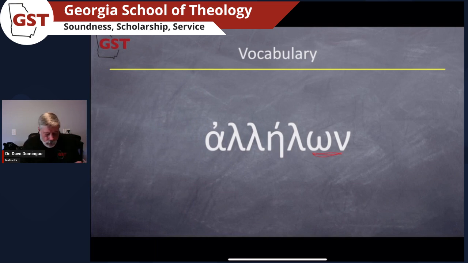Allelon, there's our. Matter of fact, if you look in the book, it brings out something with this particular word. Okay, page 86, allelon, meaning one another. And what it says, it's an unusual word because it never occurs in the nominative or in the singular. It's always in the plural.